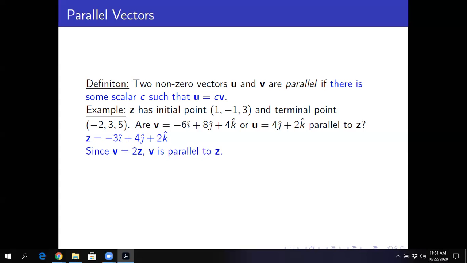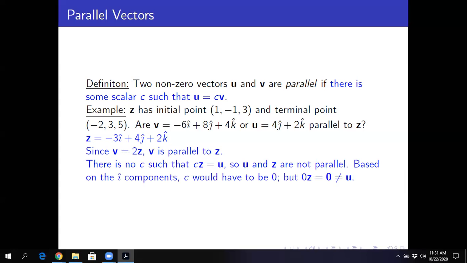No. So there's no way that these things are going to behave like one another as far as parallels go. If I was going to turn z into u, I would have to multiply by 0, correct? To kind of make the x coordinates match up. But if I do that, it's going to blitz the whole vector, yeah? If I multiply by the scalar 0, it would make all the components 0, which is no good.